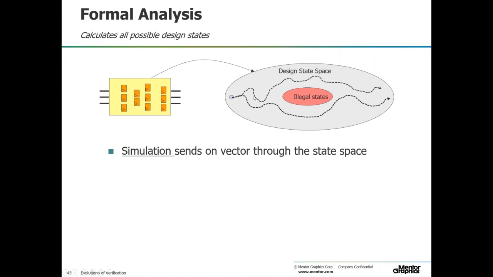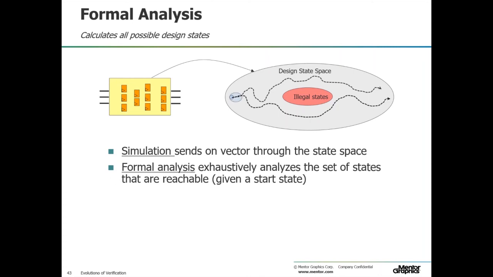Then I run another simulation, and it tracks some other vector through the state space. Now, if there are flaws in my design, there might be illegal states that I would get into. And I have to hope that I send a verification vector that passes through those illegal states so that I can detect that they exist. So it's really based on the stimulus I sent, what was the response of the device, and did it happen to uncover any illegal states?